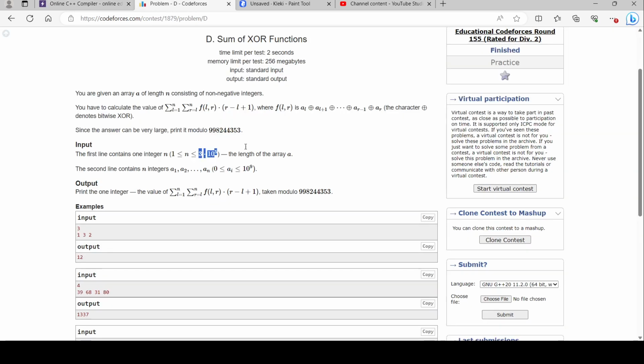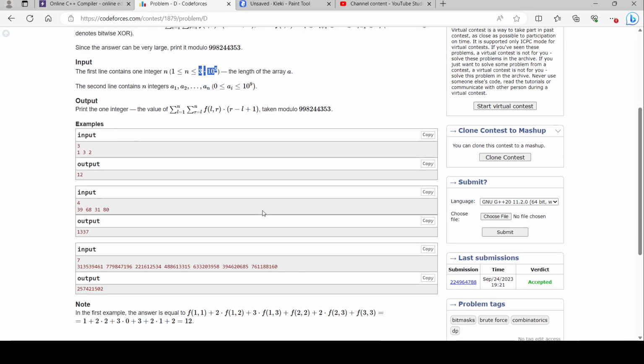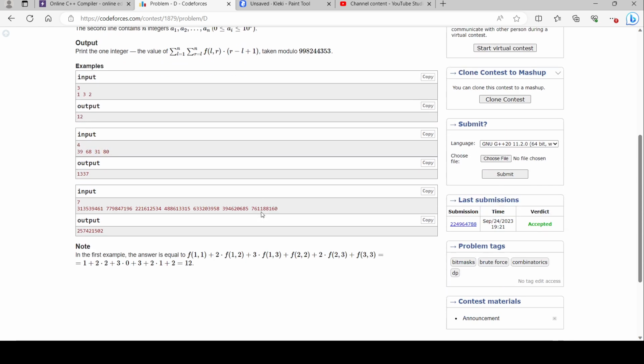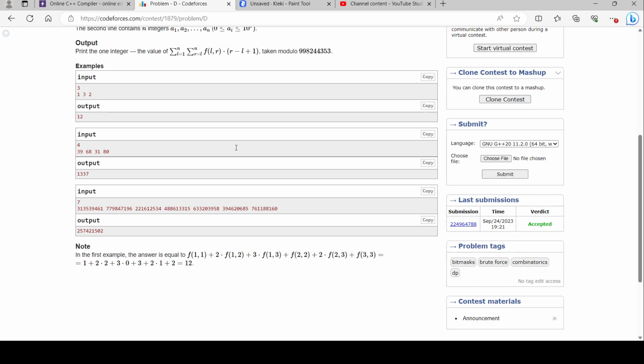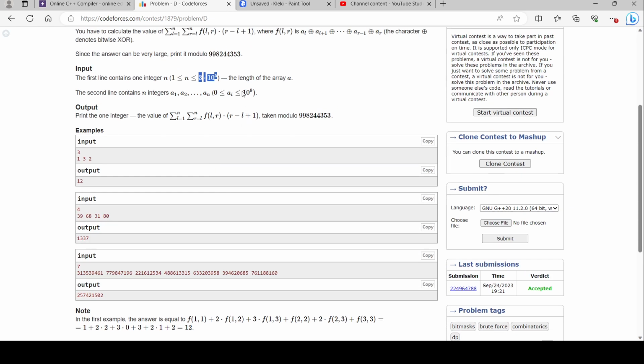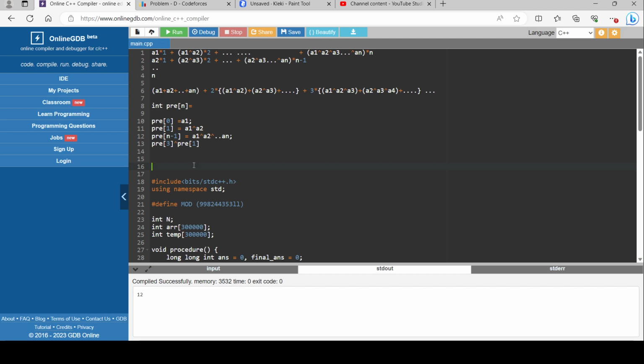Okay, so this was the first concept which we wanted to discuss. Now we will move to the second concept. Basically it's the contribution. As you can see, we have a range given up to 10 to the power 9, so its value is less than 2 to the power 30.